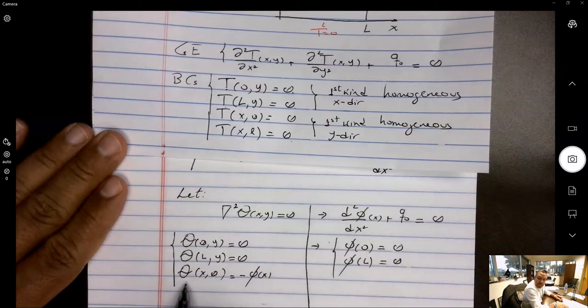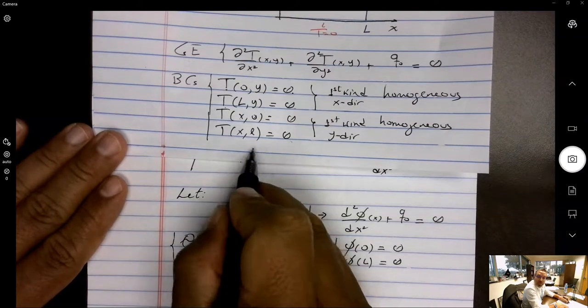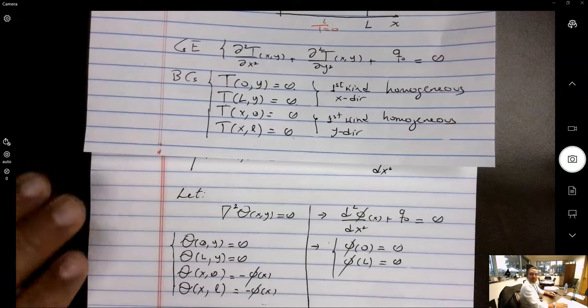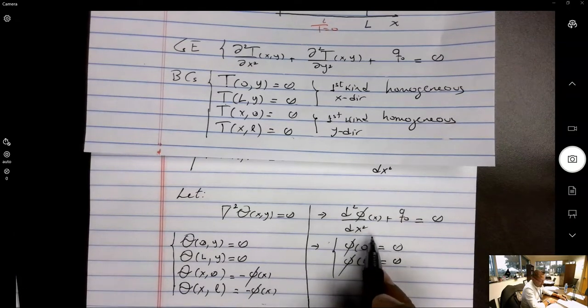All we know is that theta plus phi should be equal to 0, so theta should be equal to minus phi. And the same thing goes for theta at x, comma L. That should also be equal to minus phi, because theta at x comma L plus phi at x should be equal to 0 according to this equation. All right, so there's no conditions in the y direction for phi, because phi is only a function of x.